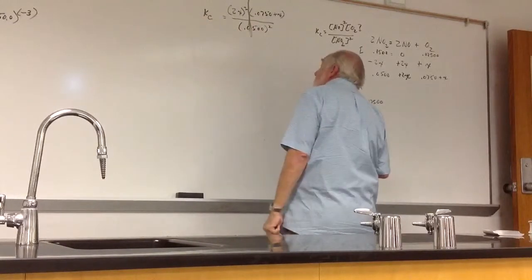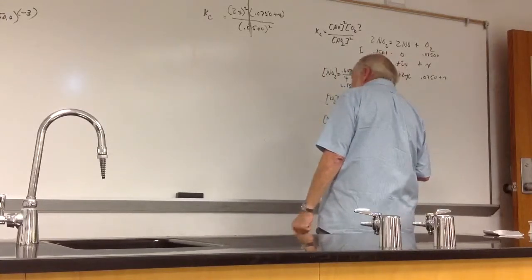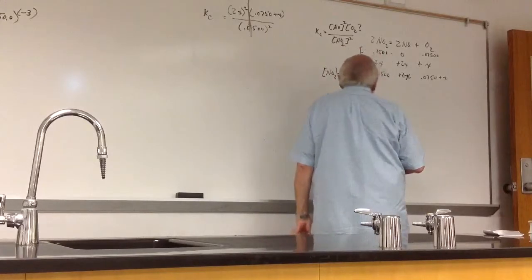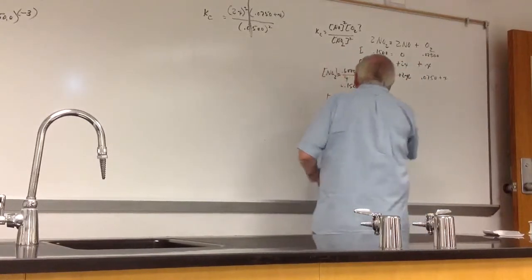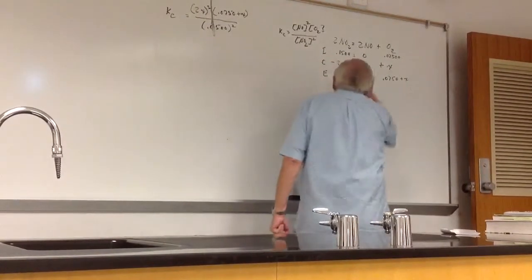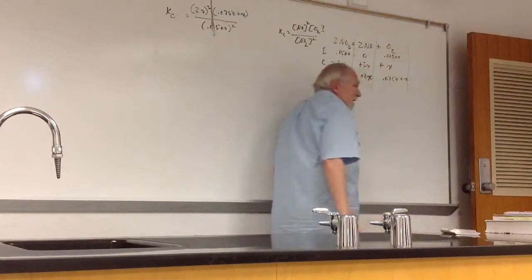But without that number, we can, and that's it, the problem says what is k sub c. That must mean we know x. And by the way, some books, when they give you this, your book writes everything going down the page like that.